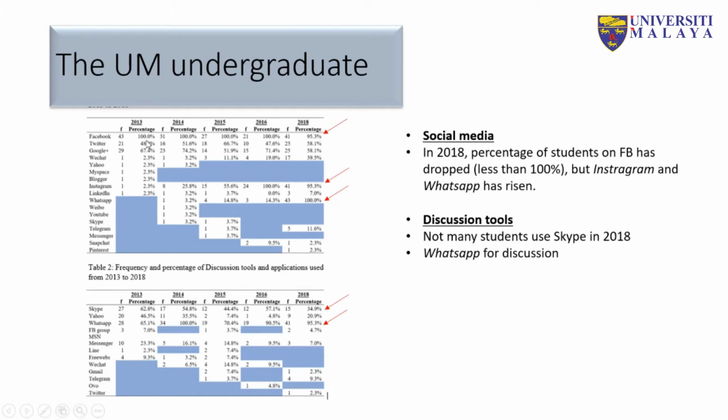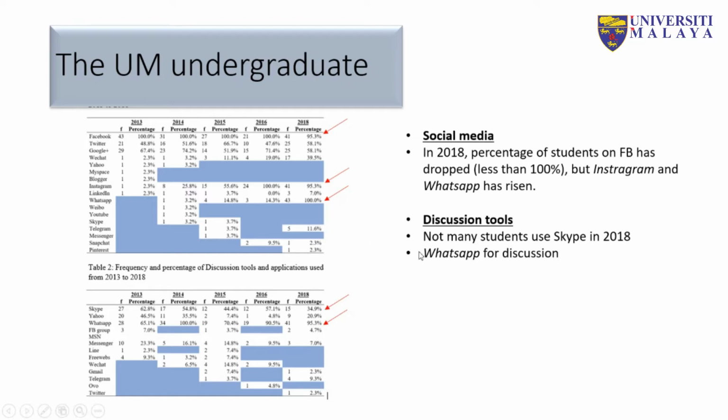Facebook, you see, through previous years it has been very, very popular, but not so recently. In 2018, only 90% of students use Facebook, not 100%. However, we see the rise in Instagram in recent years, and of course, WhatsApp. WhatsApp, almost used by everybody in 2018, but not so in 2016.